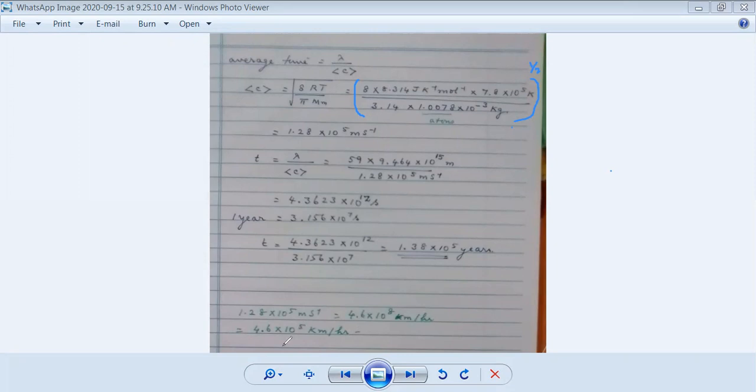If you divide it by 1000, you will get 4.6 into 10 power 5 kilometer per hour. Look at the speed. Even jet aeroplanes, even rockets or any other body cannot travel at this velocity. It's a very high velocity. It is of the order of 10 power 5 kilometer per hour. Normal hydrogen gas is traveling at that high speed.